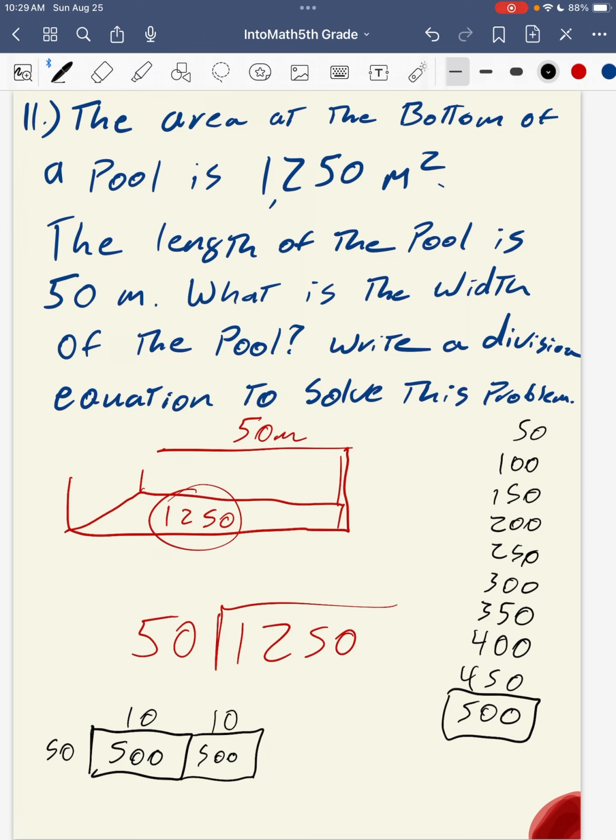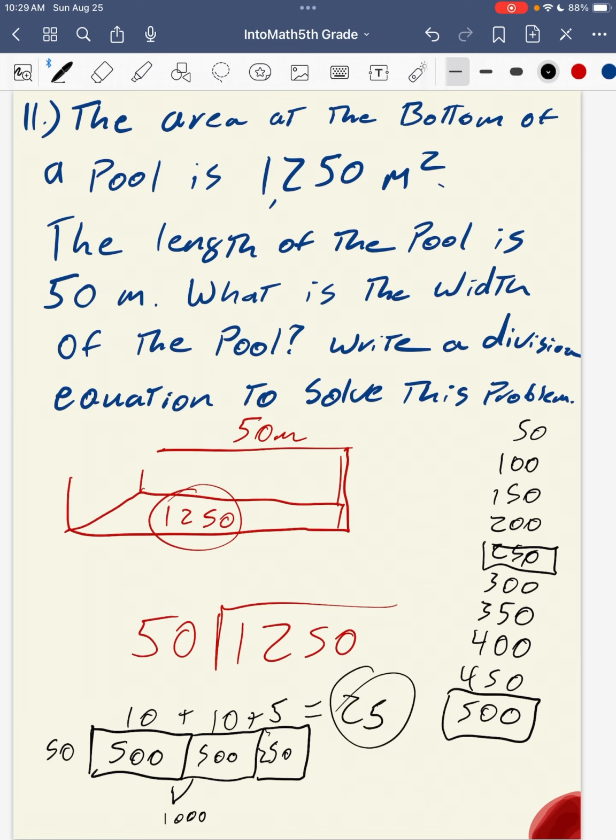And that leaves me with a total of 1,000, which means that I only have to go to 250, the fifth multiple. 250, which is 5. Following my area model, my partial quotients, I add all up, will give me a total quotient of 25.